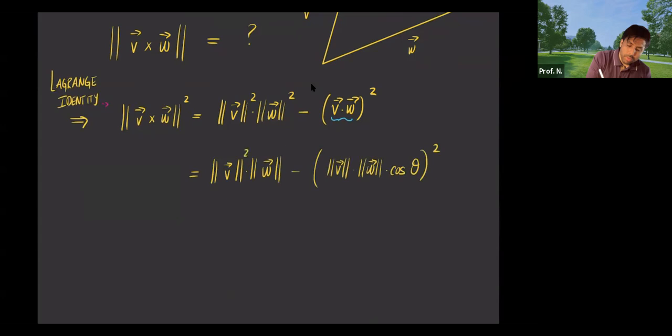This is squared. And this equals the norm of v squared times the norm of w squared minus the norm of v squared times the norm of w squared times cosine squared theta.